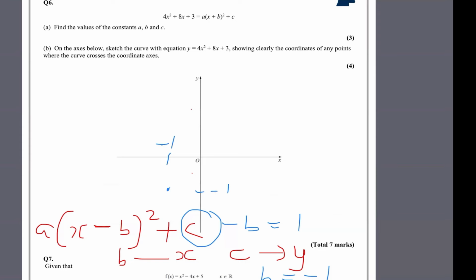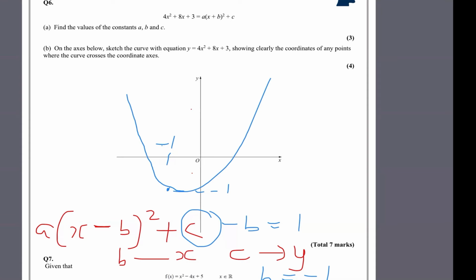So my graph would come this way and turn at this point here. And it's probably going to go the other way, this way. But that's not even the problem, because we are still in the process of sketching, and we need to find other things. What are the other things?